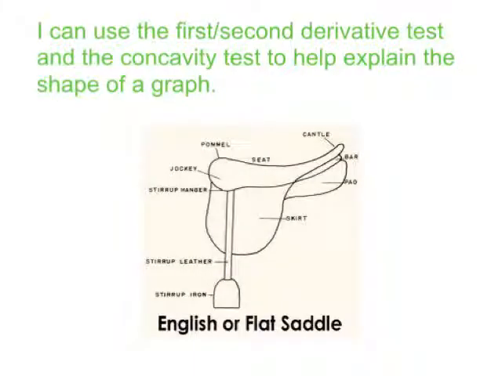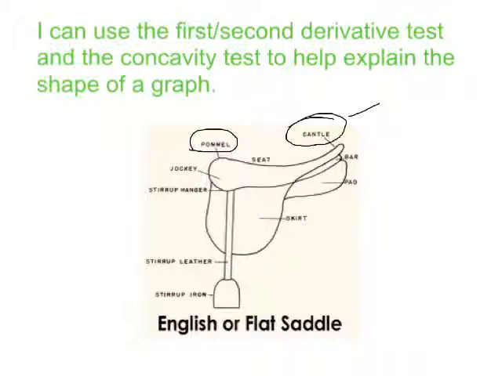I can use the first and second derivative test and the concavity test to help explain the shape of a graph. Speaking of shapes, below we have the diagram of the saddle, and in the last video the trivia question was about the word pummel. This time we're going to go to the back side of the saddle, and the trivia question is about the word cantle.